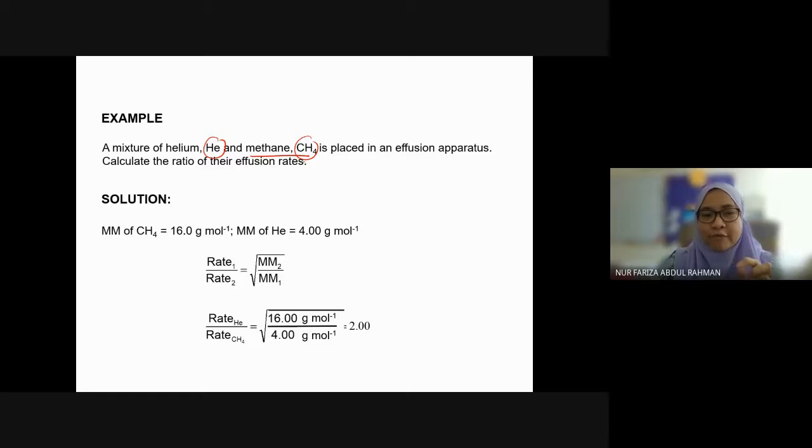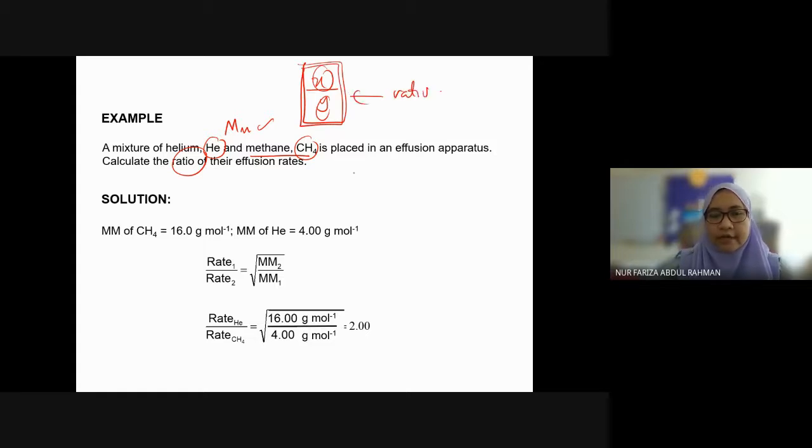So the molar mass is given. The ratio of their effusion rate, ratio means top and bottom. So they want the ratio of rate.